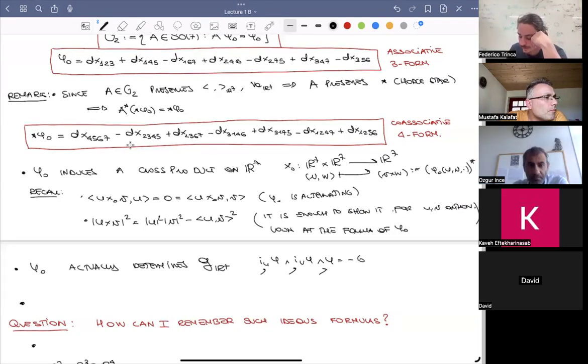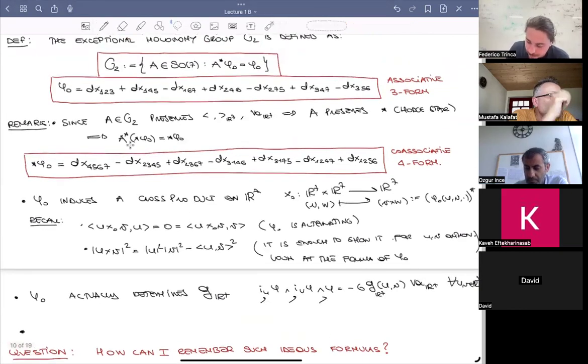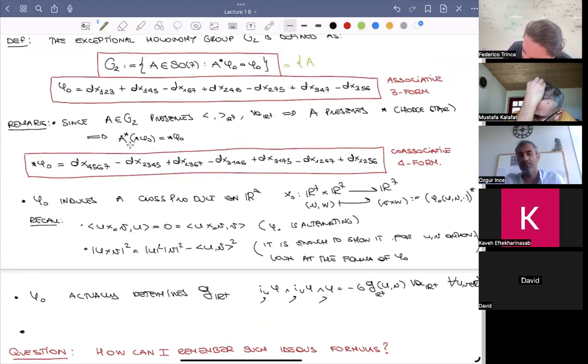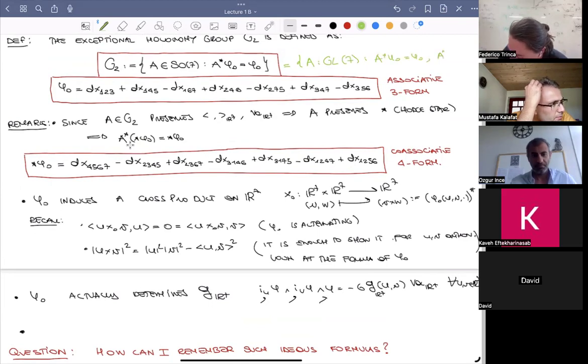And so here we get minus 6 times the inner product of u and v times the volume form of R7, for every u, v in R7. In particular, you could also define G2 as the A in GL7 such that A star phi naught equals phi naught and A star of the volume form equals the volume form.